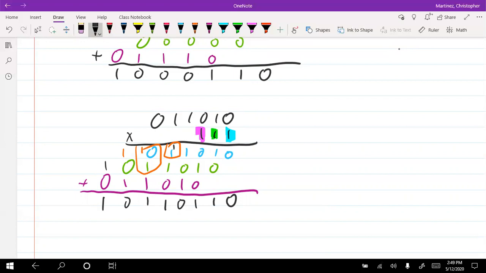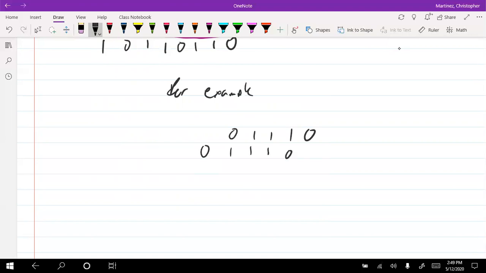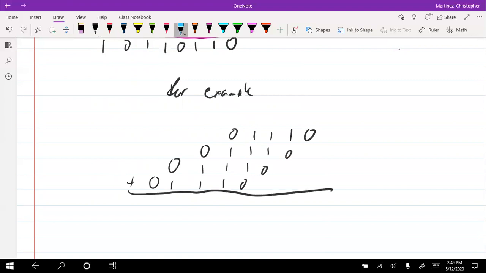So let's say we had something like, for example, 0, 1, 1, 1, 0, 0, 1, 1, 1, 0, 0, 1, 1, 1, 0. So let's say we had something like this that we're adding up. You want to do pairs. So first item is just 0.